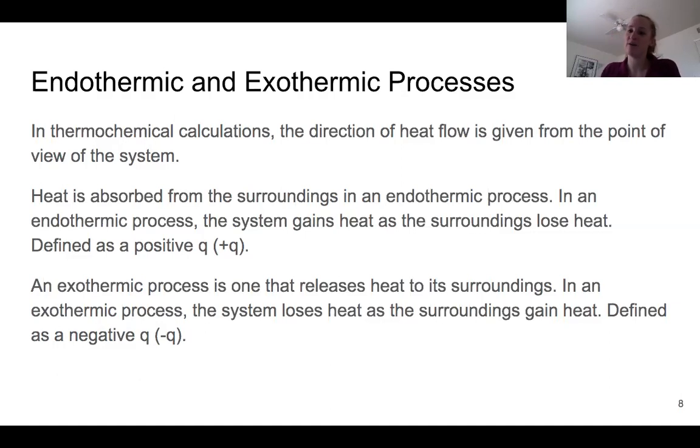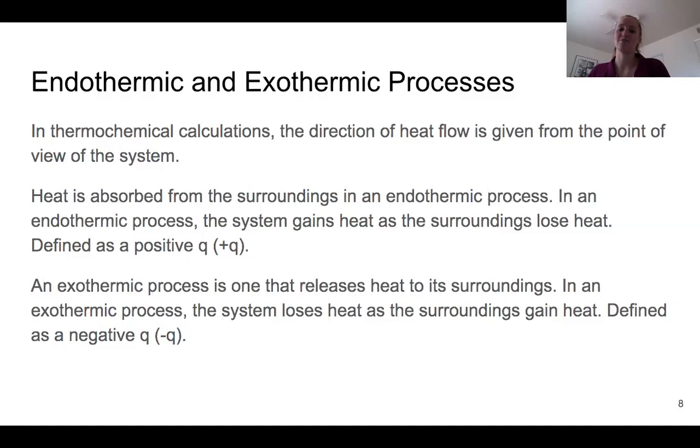So if we think of our body as the system and the air around us is the surroundings, as we sweat, we are releasing that heat into the atmosphere. So next time you sweat, you can think of that like, I am releasing heat into the air. I am actually causing the air to get slightly hotter around me because I am releasing heat, okay?